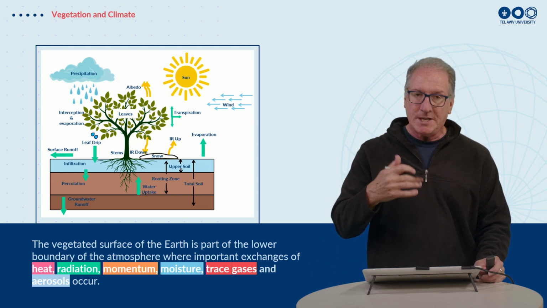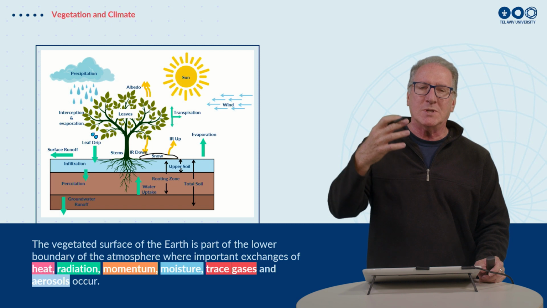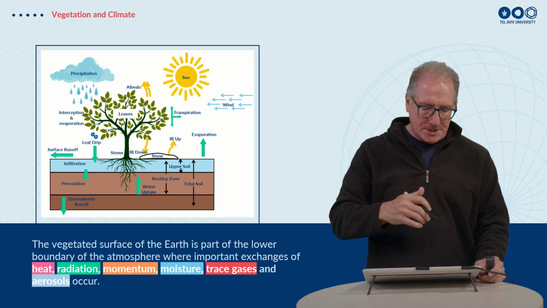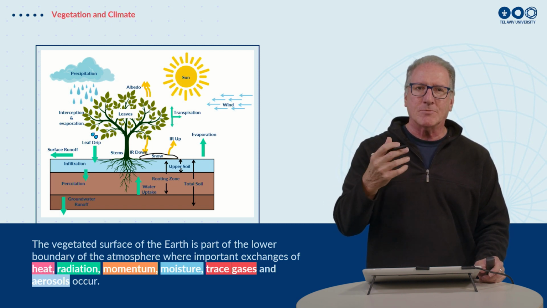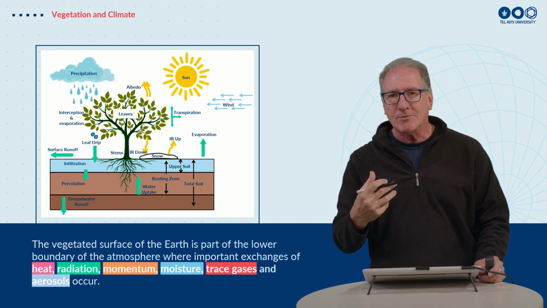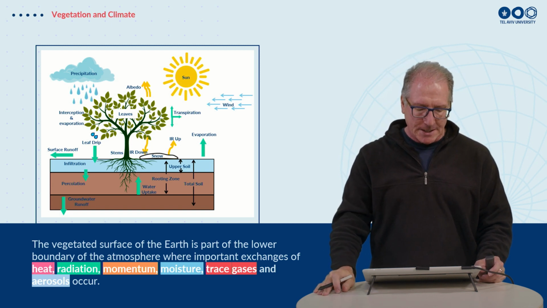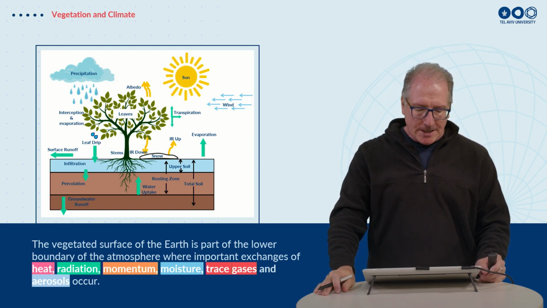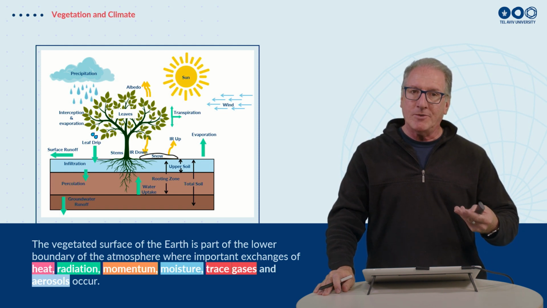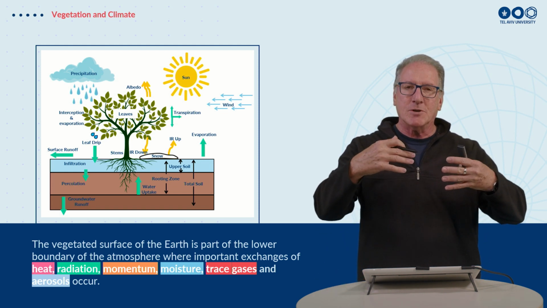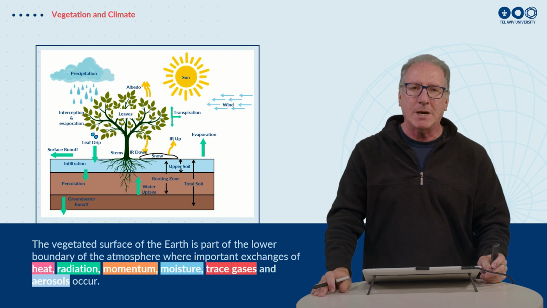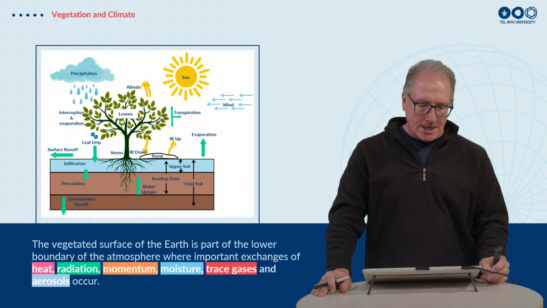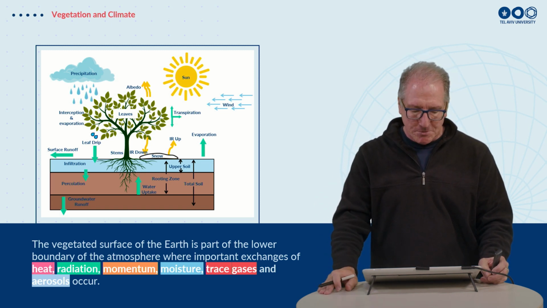And when we talk about heat, for example, the interaction between the sunlight and the surface, vegetation is important. How much of the vegetation will shade the surface, how much will intercept the sunlight, and the radiation, the trapping of even infrared radiation emitted by the surface will be trapped partially by the leaves of the trees, which can have an impact on the radiation balance.